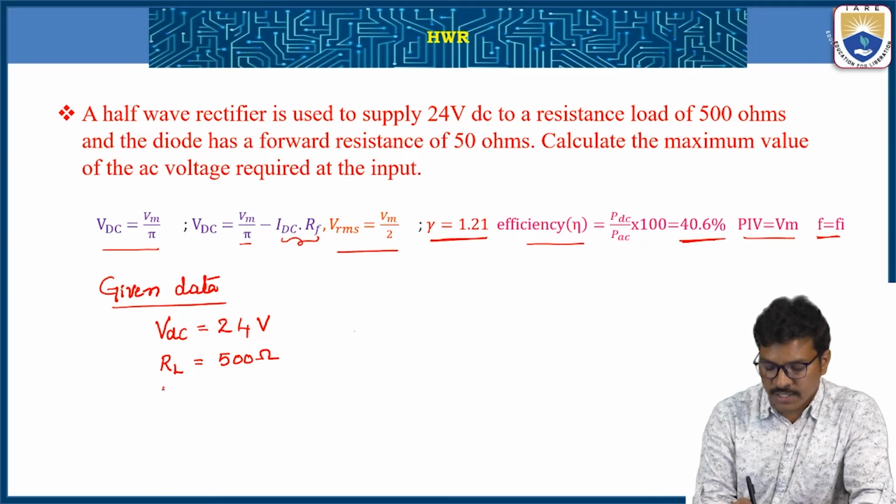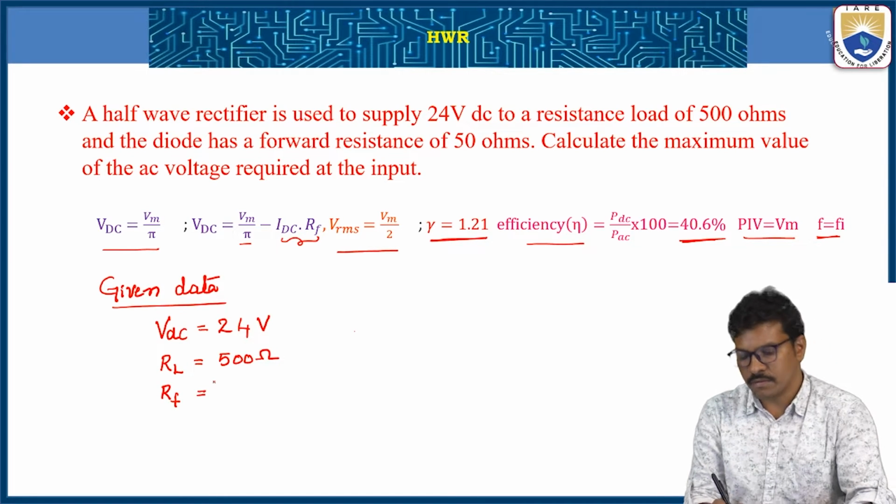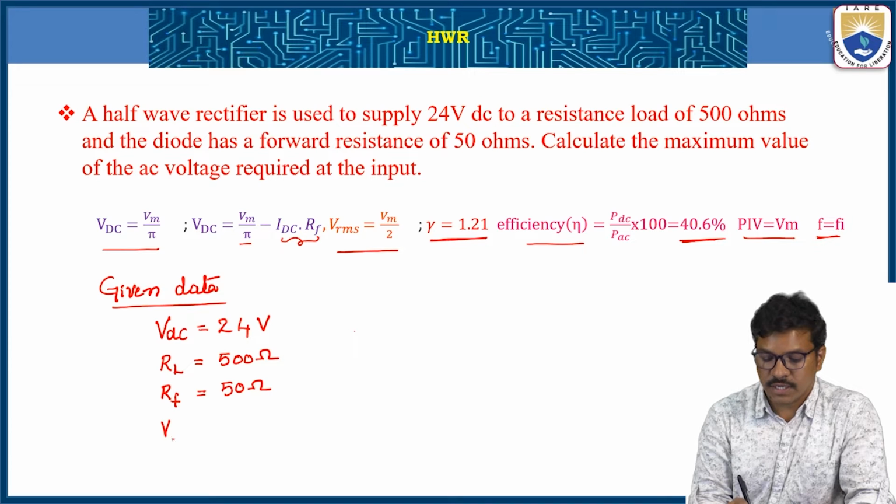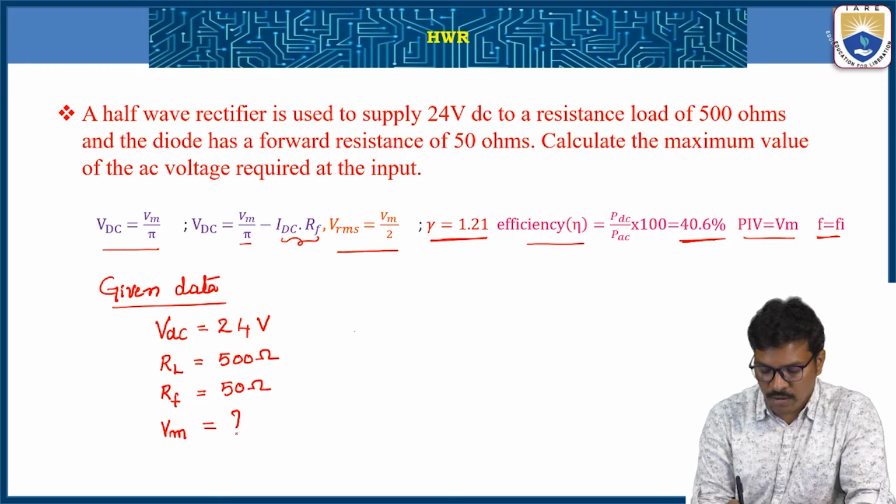The diode forward resistance RF is equal to 50 ohms. And then we need to calculate the maximum value of the AC voltage, Vm, which is equal to what?